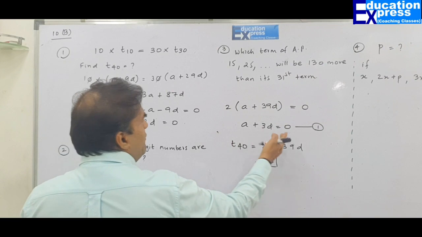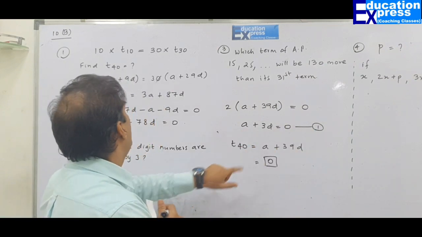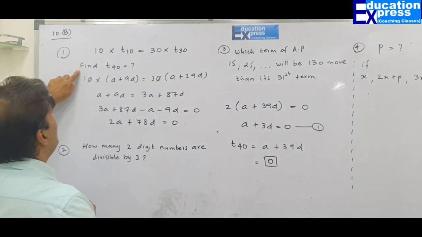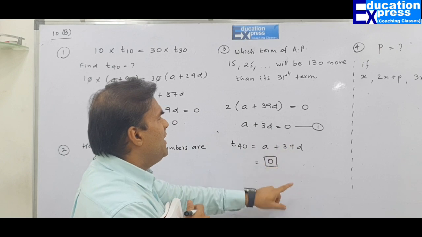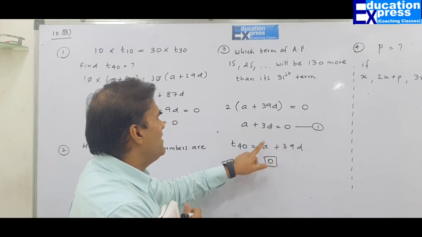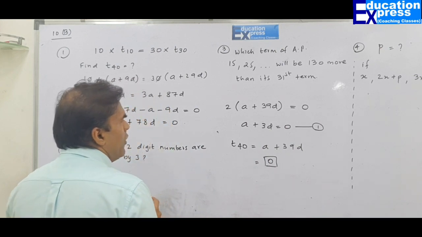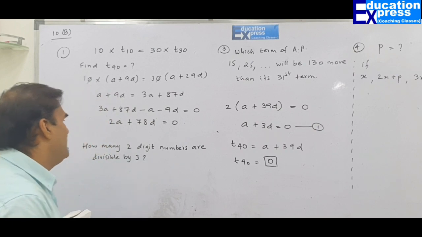Since A plus 39D equals 0 is one equation, we cannot proceed anything further from here on. So we try and find out the value of T40. T40 is A plus 39D. Since the value of A plus 39D is already found as 0, we substitute, so we get the value of T40. So this is how we got the value of T40.